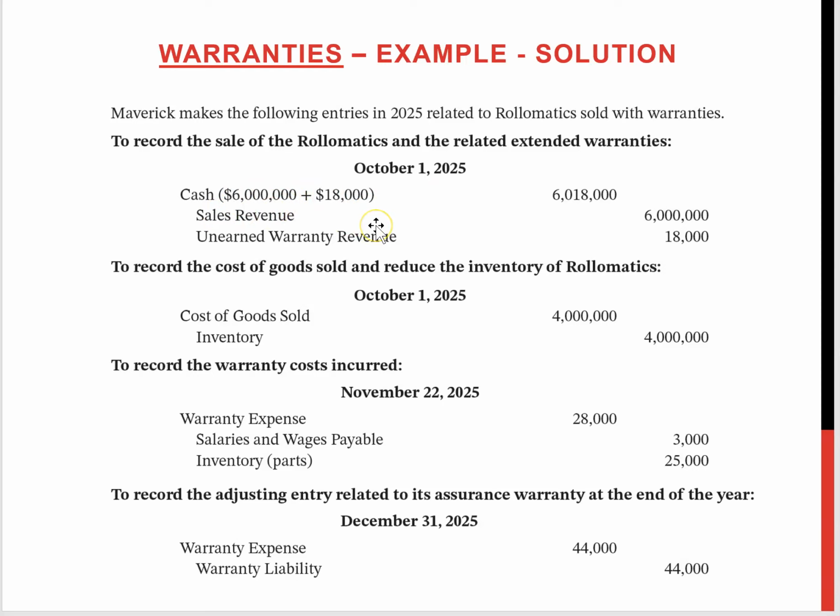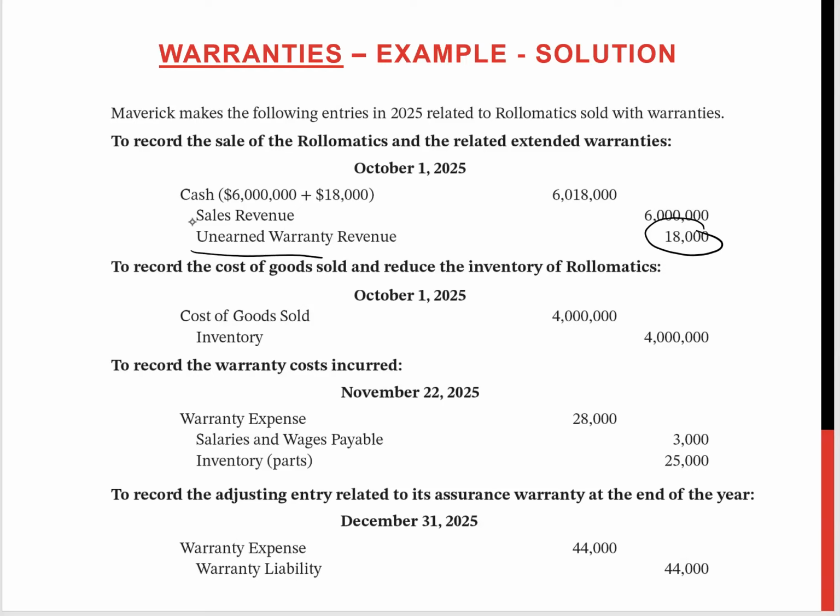Now, how will they record it? They will record sales revenues for the Rolomatics, which is $6 million. But the $18,000 they will not record as revenue, because it is related to the extended warranty, what will happen for 3 years after the first 2 years.